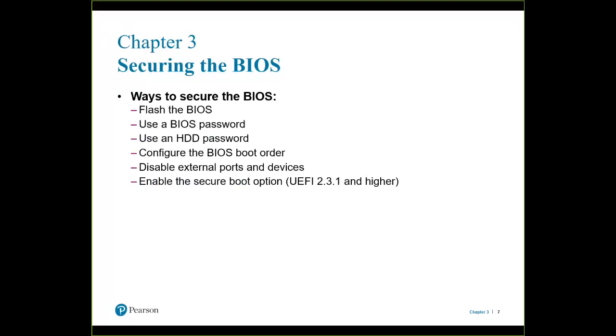And another thing that they mentioned, disable external ports and devices. USB is a super easy way that people can boot a machine. And one thing you can do is just disable all of the USB ports on your machine.